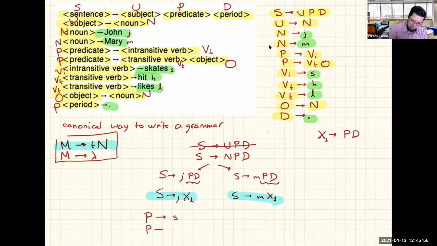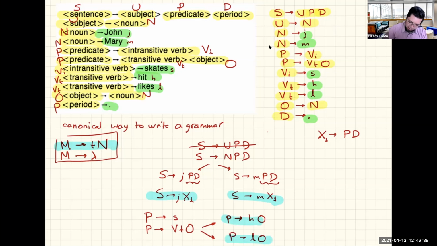So VT can be H or L. If we rewrite this rule, we can make PHO or PLO. And both of these rules comply with this one. Why am I doing this? Because if we check this part, P, VTO, and I am substituting this with H and L, then I reach these rules. I do this because I want to have all rules like this one.